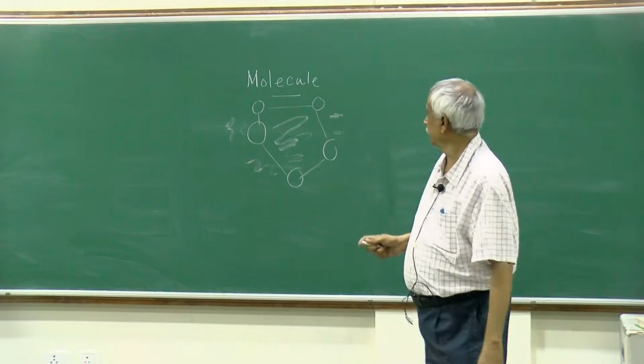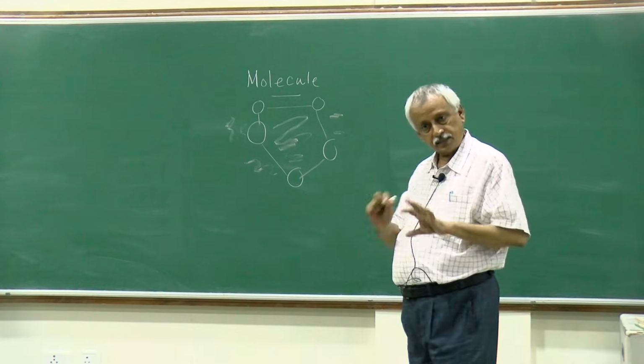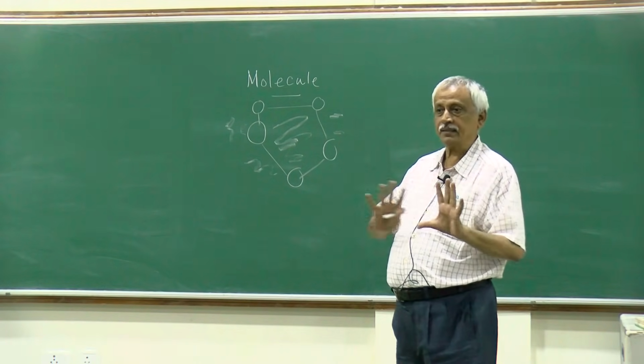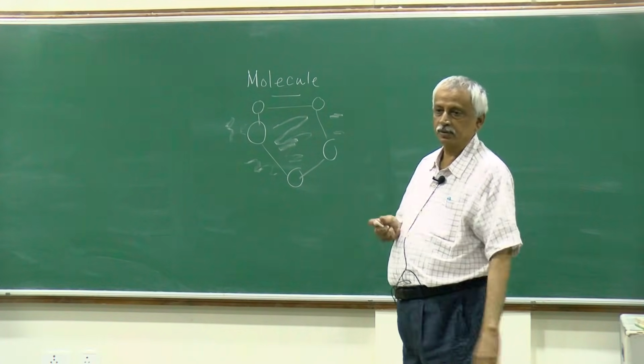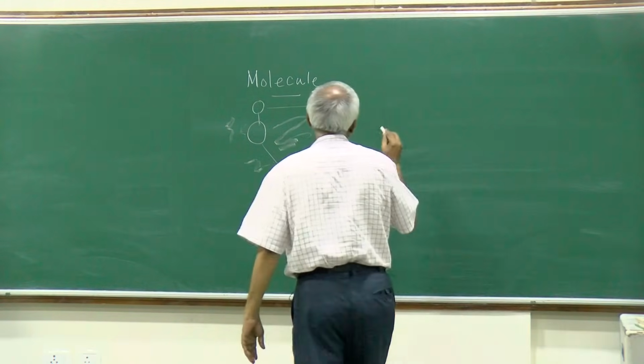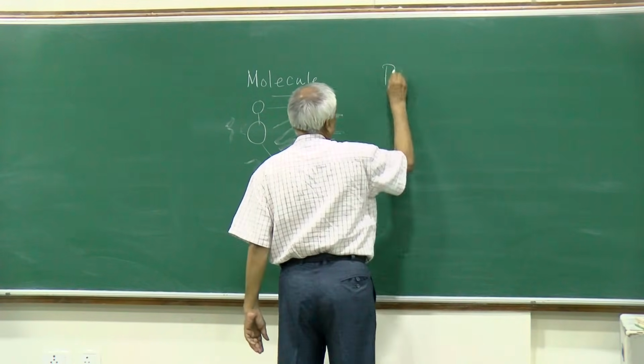We have the geometrical structure and the electronic structure, I told. In order to appreciate those two separately, obviously we have to go to what is called Born-Oppenheimer approximation.